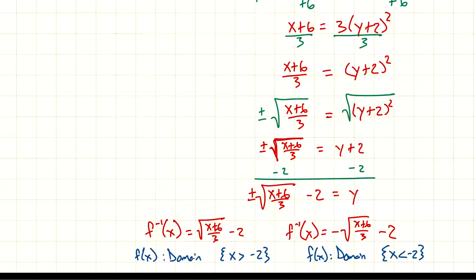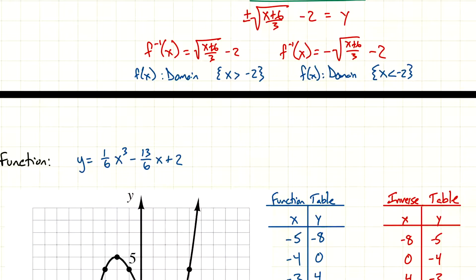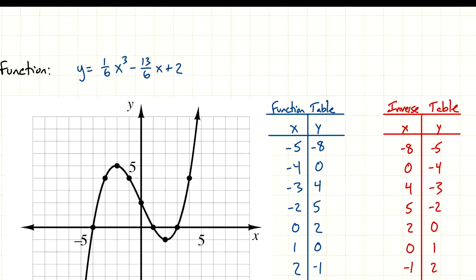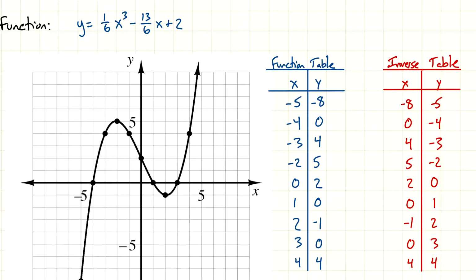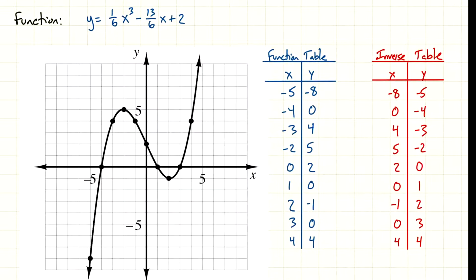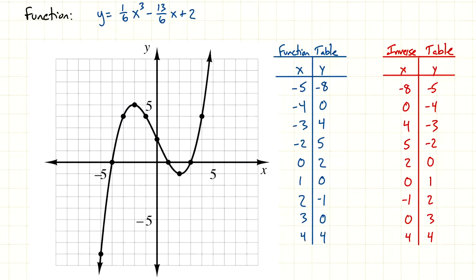All right, so let's look at another example. And this one's going to be a little bit more complicated. This is a cubic function. You'll notice it has an x cubed in the equation. It follows the same pattern of the other cubic functions we've looked at. General description has one arm up and one arm down.